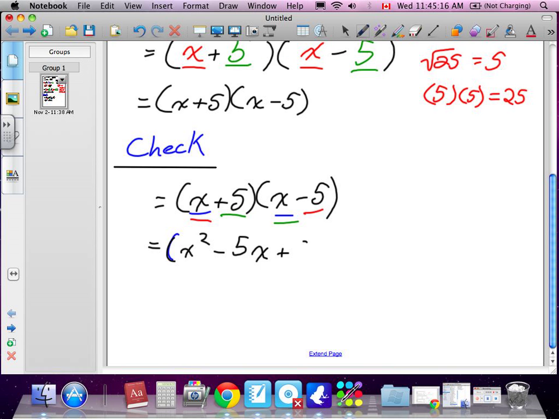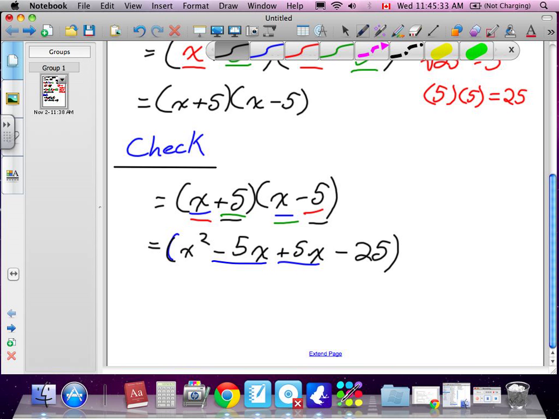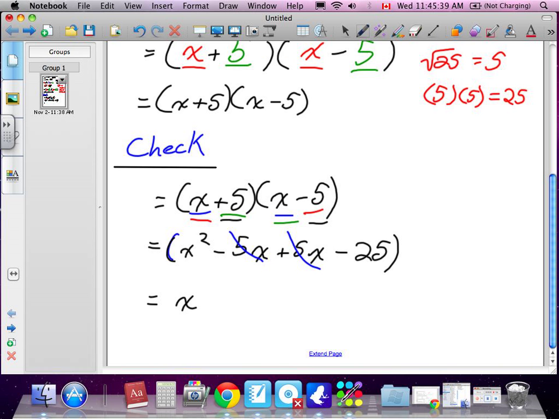And finally, our last terms, positive 5 times negative 5 is negative 25. You notice the two middle terms are essentially opposites of each other. One is negative 5x, one is positive 5x. They're going to cancel each other out. So we're left with x squared minus 25.